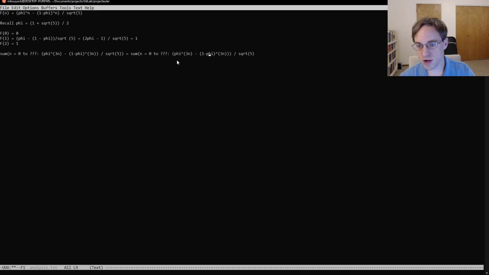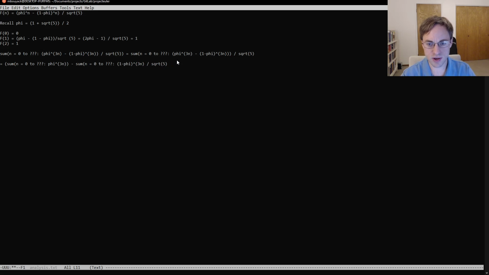Now, this part in here we can then split up into 2 separate sums. So let's say we've got the sum from 0 to question mark of this value here, phi to the 3n. And then we're going to subtract the sum n equals 0 to question mark of 1 minus phi to the 3n.